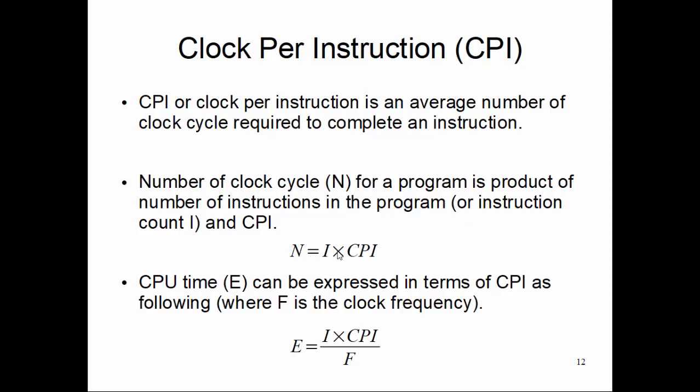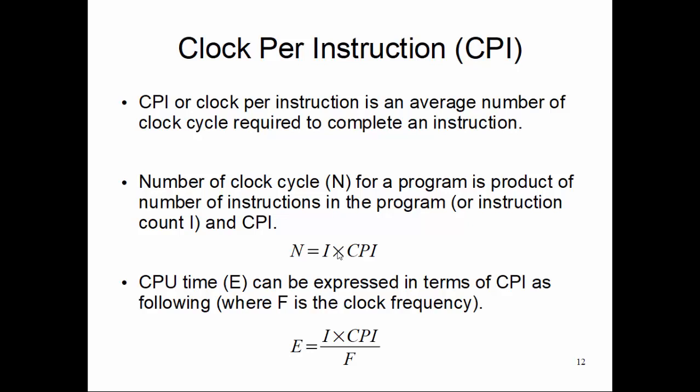I is the number of instructions executed during that program execution. Remember, your program is not a flat program. It has decisions and loops. Depending on your input data and other factors, the number of instructions executed on the processor would vary.